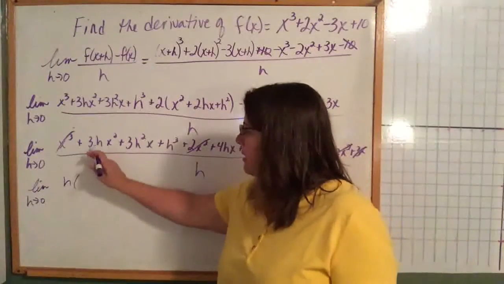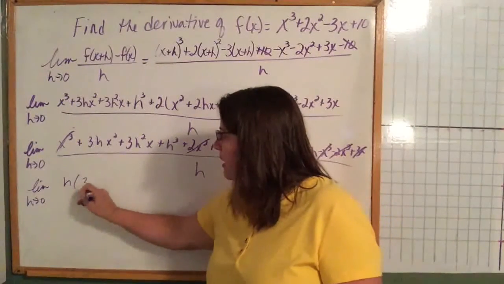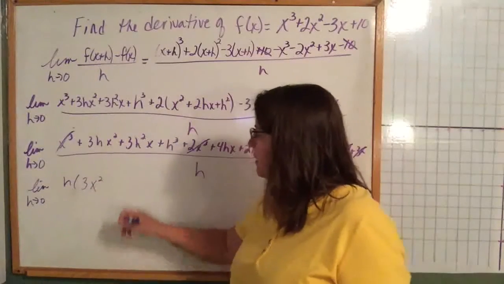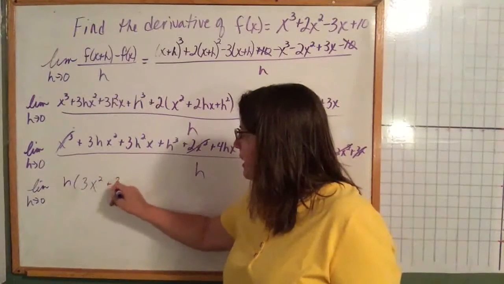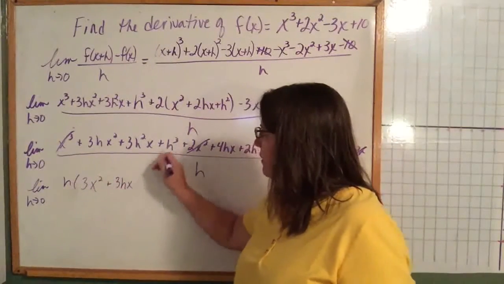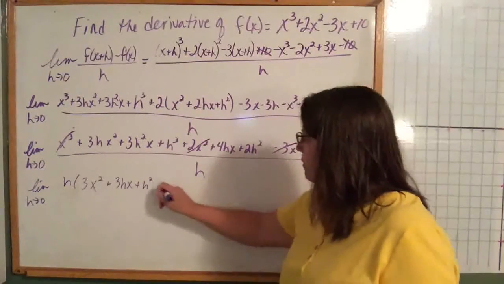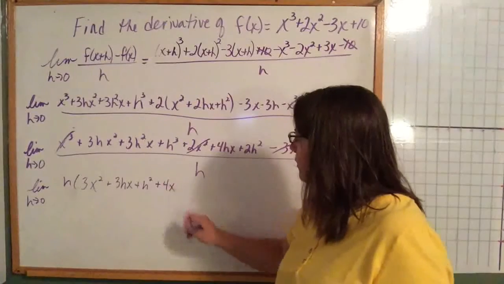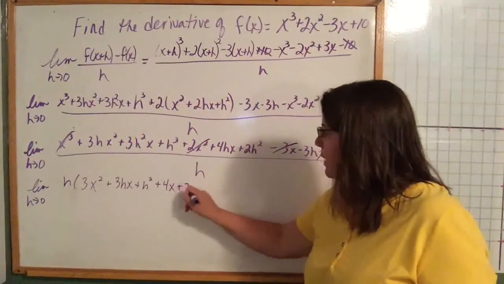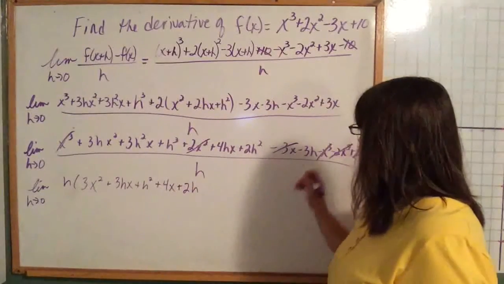So if I take an h out, I've got 3x squared. Here I have plus 3hx. This one would be plus h squared. Plus 4x plus 2h minus 3.